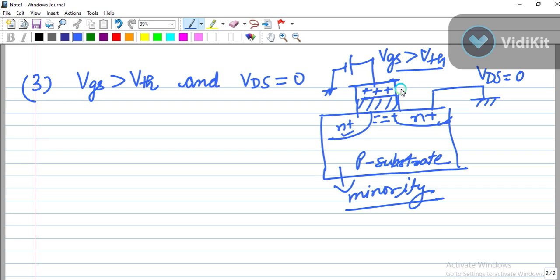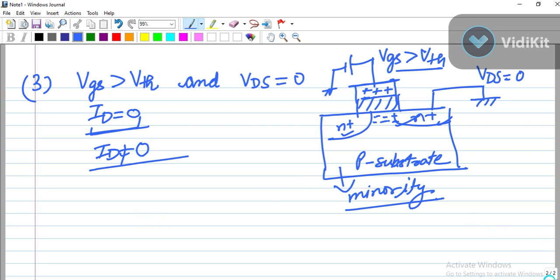Now the negative charge carriers are free, but they won't flow. So the drain current ID is still zero. For ID not equal to zero, we must apply some voltage, so the electrons can start flowing and ID will come into the picture.